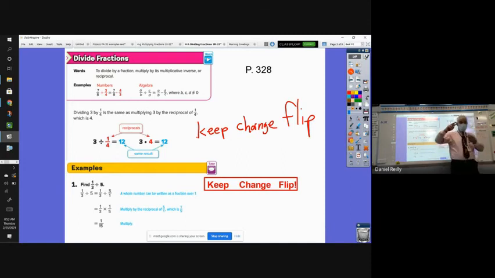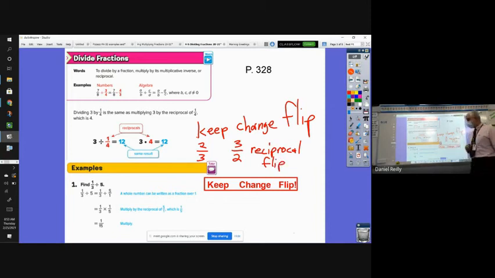When you flip a fraction, 2/3, the reciprocal of 2/3 is 3/2. Okay, a reciprocal is what it's called, or the flip of the fraction. So you keep the first fraction, you change the division to multiplication sign, and you flip the second fraction.